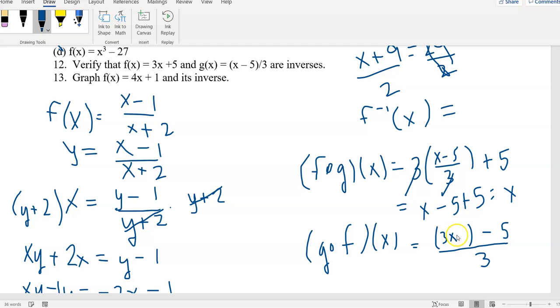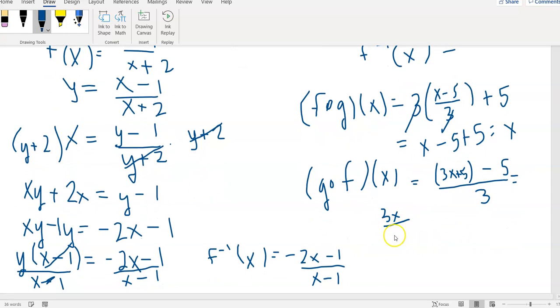Now we just used the parentheses to tell us where to drop things. Let's notice that there's nothing in front of them, so they're not necessary. So immediately the 5 and the minus 5 can cancel out. And of course, that leaves us 3x over 3. And the 3's cancel, and we get just x. So they are, in fact, inverses.